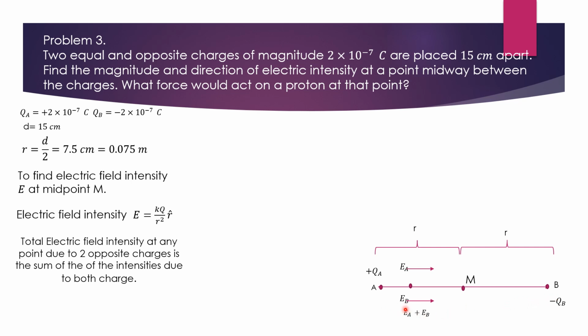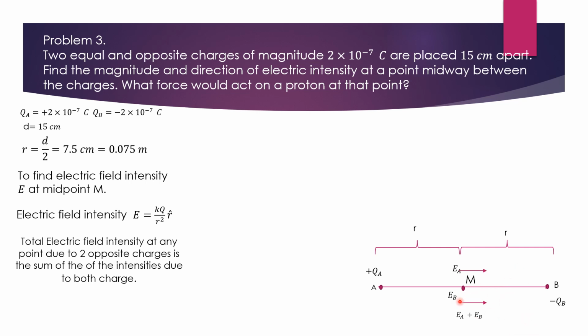This is the electric field intensity due to charge B. The total electric field intensity at this point would be EA plus EB. Similarly, again due to charge A it will be away, due to charge B it will be toward, and the total will be in the same direction. The total will be the sum of EA and EB.